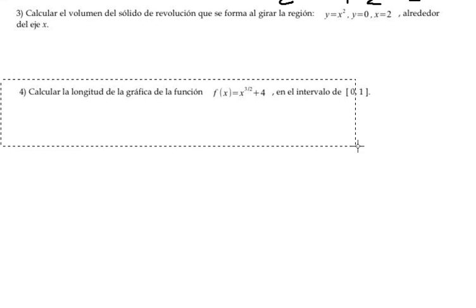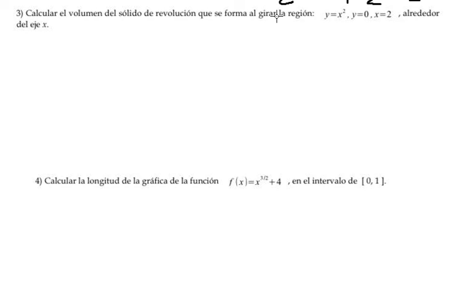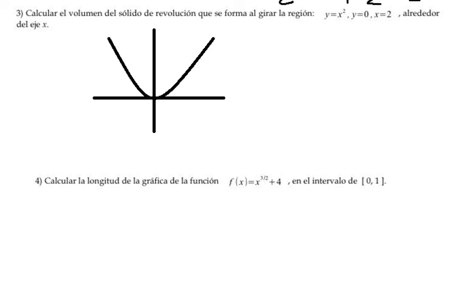Question number 3. We need to find the volume with the powers in here. So we need to draw this function in here. Here is the function y equal to s squared, and we have y equal to 0.